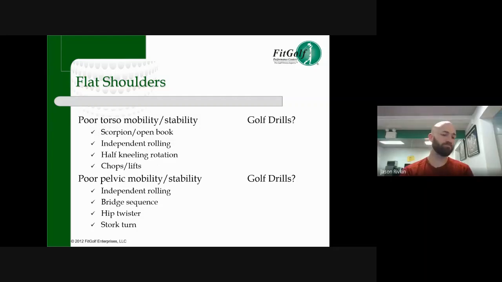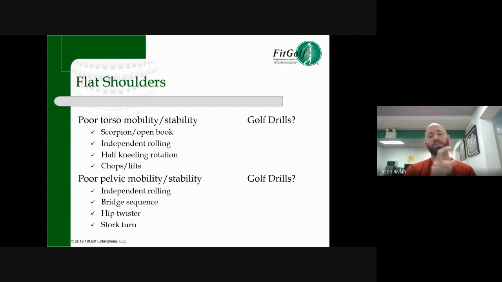Yeah, absolutely. All right. More causes for flat shoulders, more physical limitations that cause flat shoulder playing in the golf swing. Poor mobility in the spine and torso. It could also be a strength issue in the spine and torso. So, we're getting a little bit low on time, so we're not going to show you all these exercises, but there are a lot of things we can do to address that.